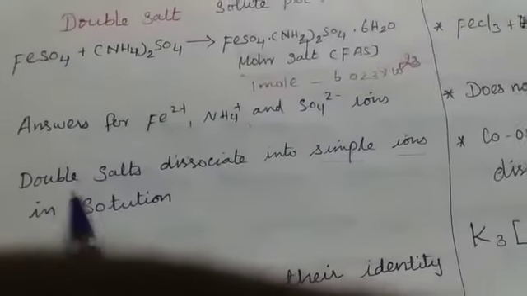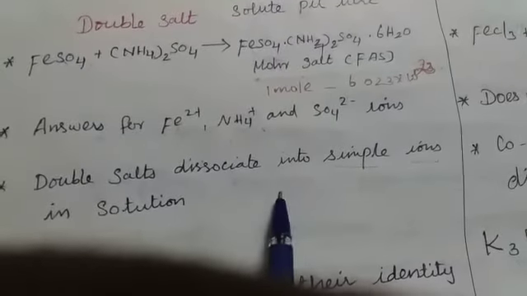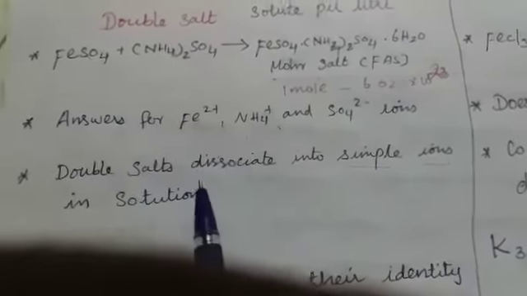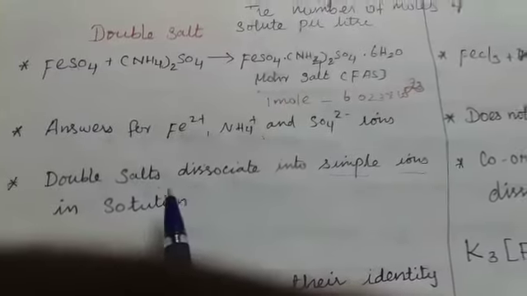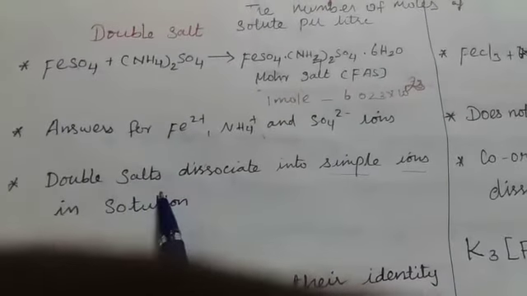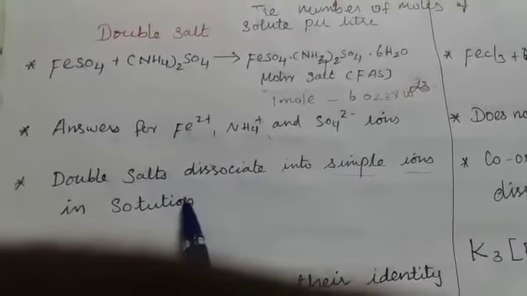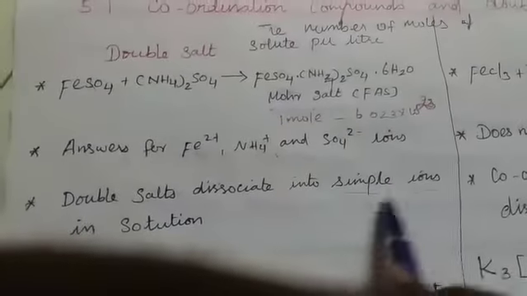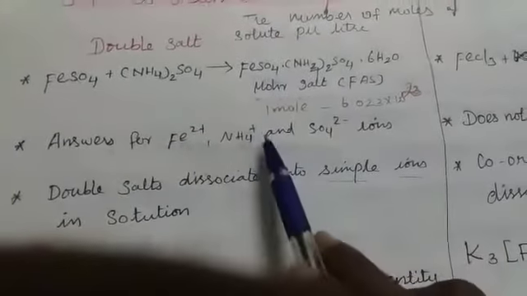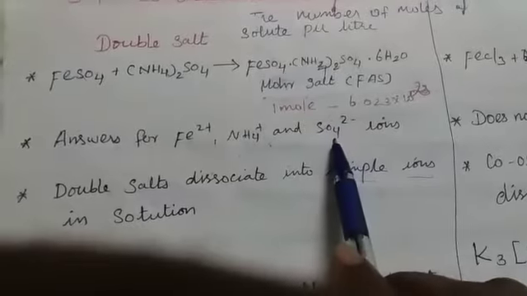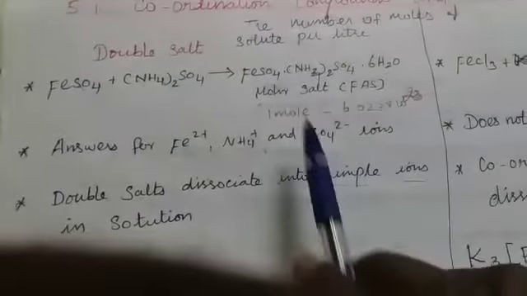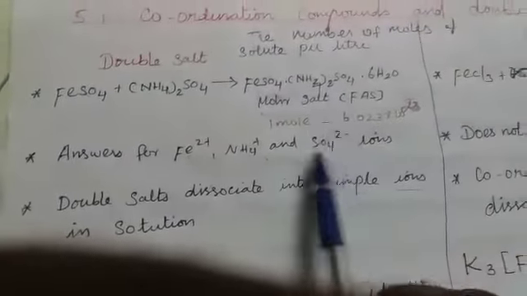Third point, double salts dissociate into simple ions in the solution. After dissociation the solution gives simple ions, meaning Fe2+, NH4+ and SO4 2-. It will break easily.